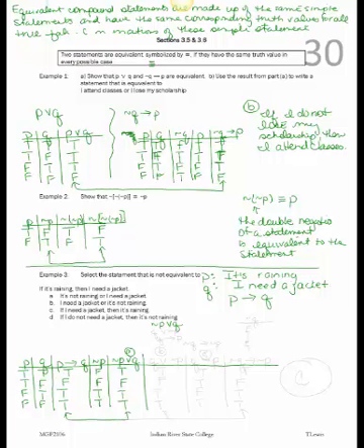Let's look at part B. It says I need a jacket or it's not raining. So we would say Q or not P. And we have not P, we have Q. Here again, at least one must be true.